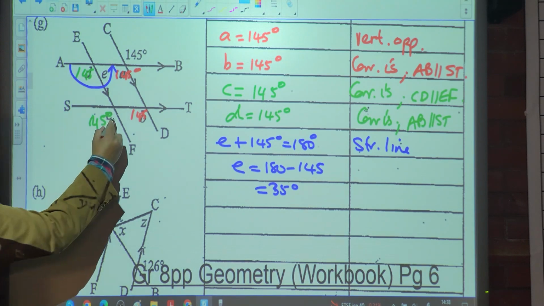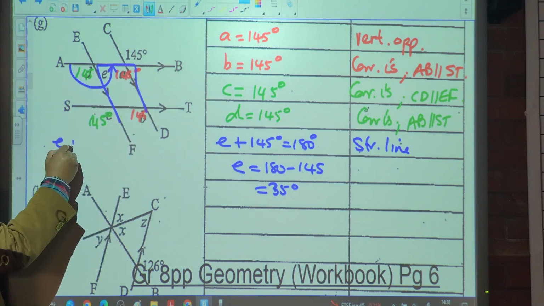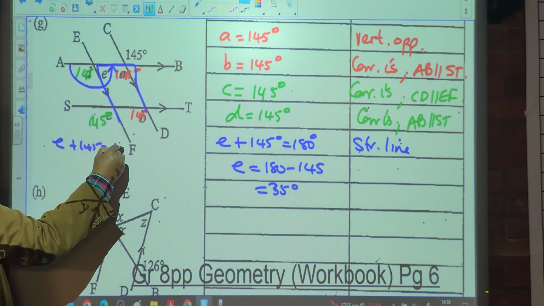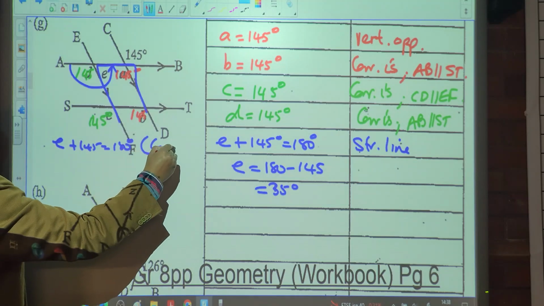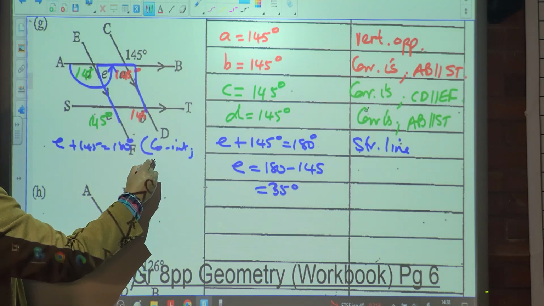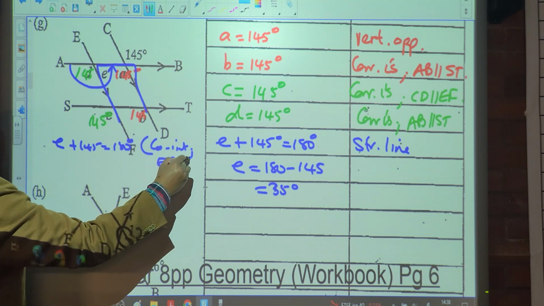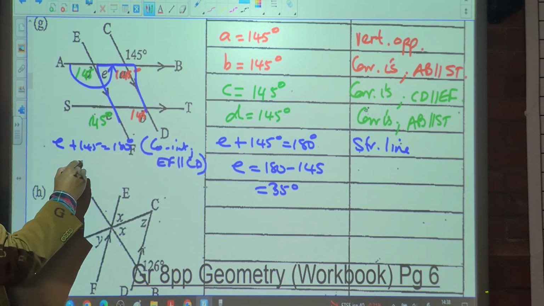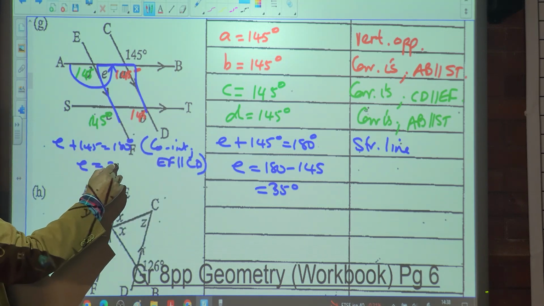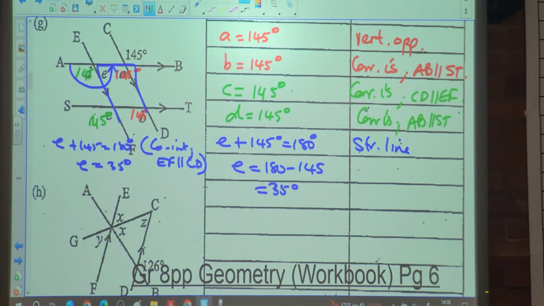If you had gone co-interior, you would have had E plus 145 is equal to 180, co-interior angles with EF being parallel to CD, and then E would have worked out to 180 minus 145, which is 35. Either way, full marks.